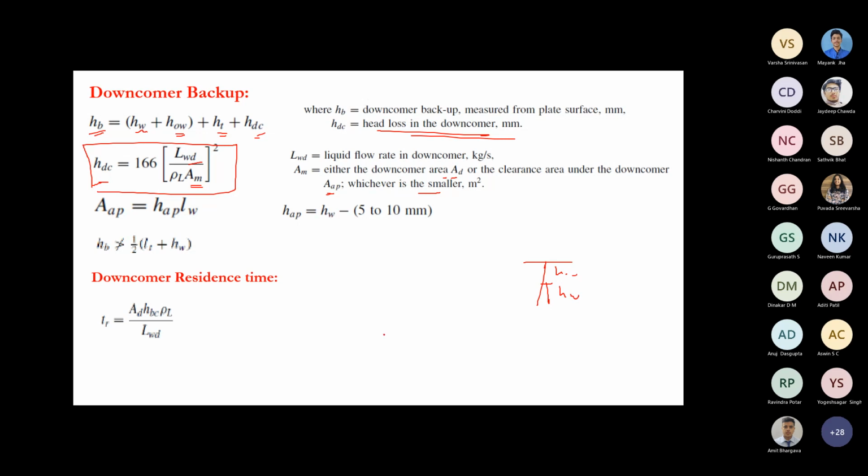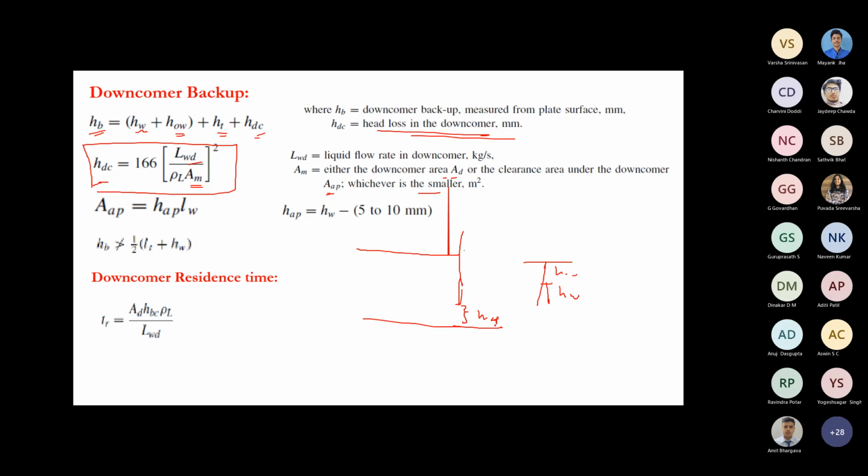If you see the tray, this is your downcomer plate. This is your apron, and this is HAP, the distance from the bottom of the apron plate to the tray.